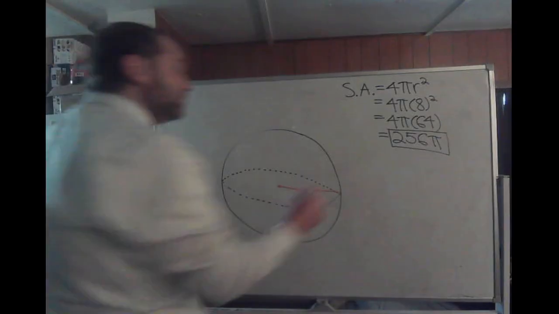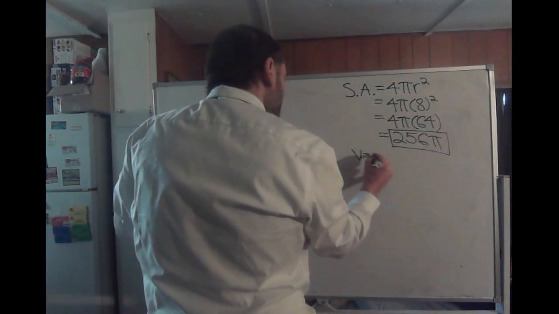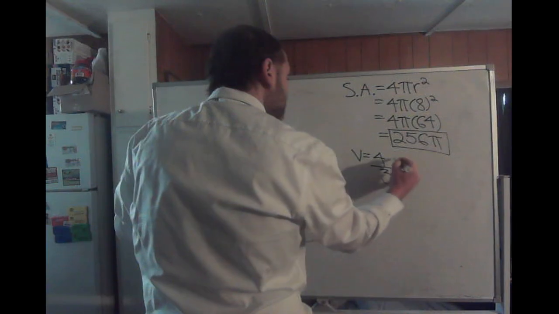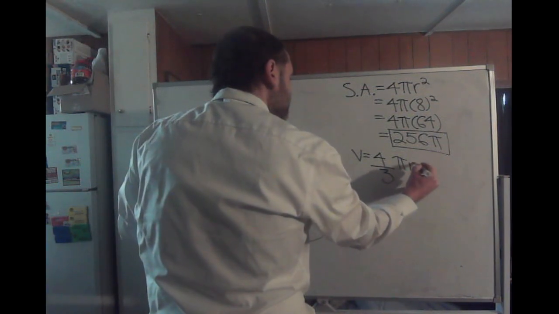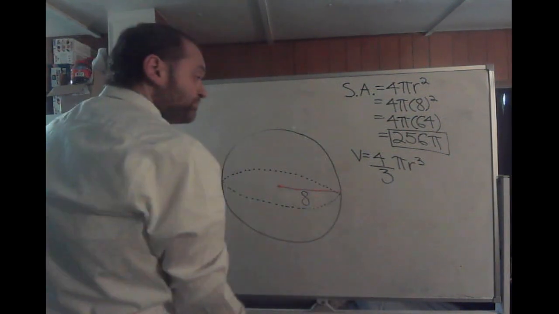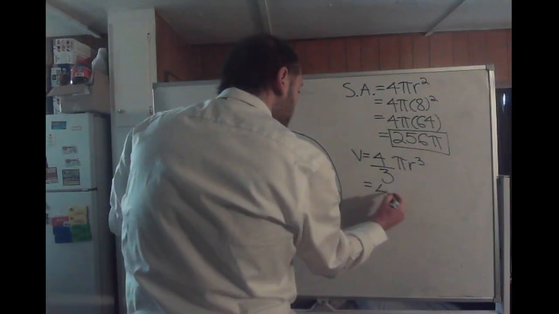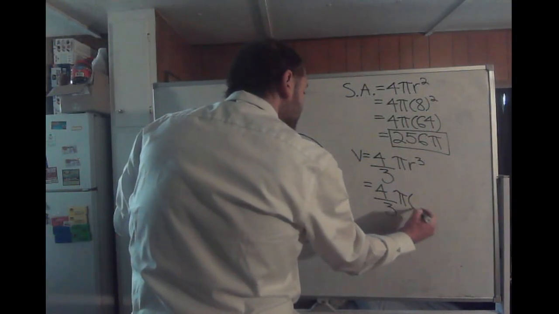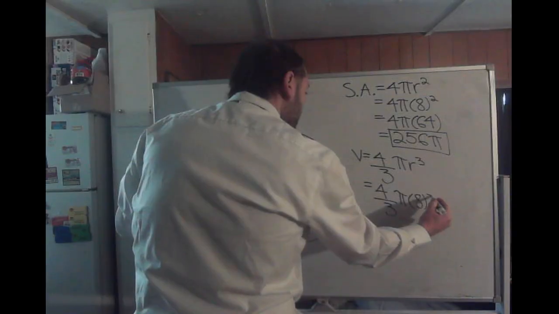Now we can find the volume. The volume would be equal to 4 over 3 times pi times your radius to the third power, which would give you 4 over 3 times pi times 8 to the third power.